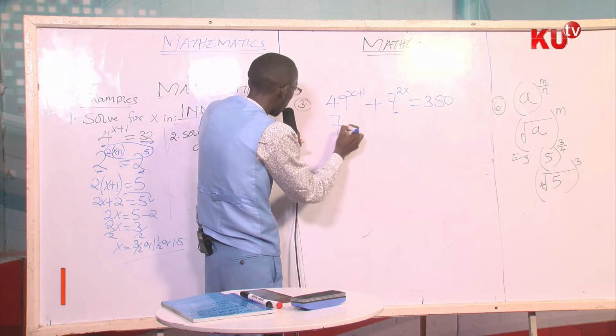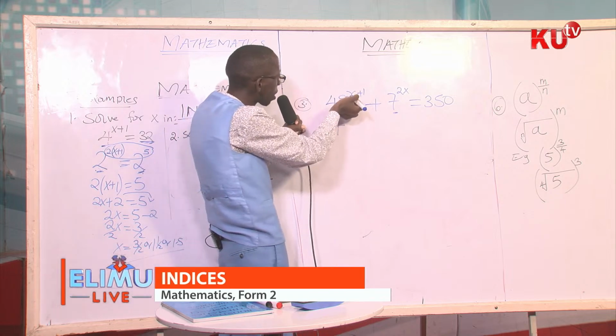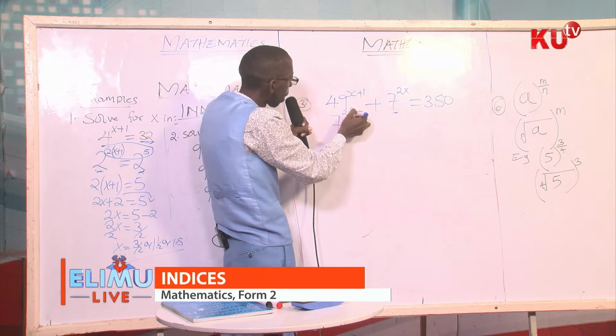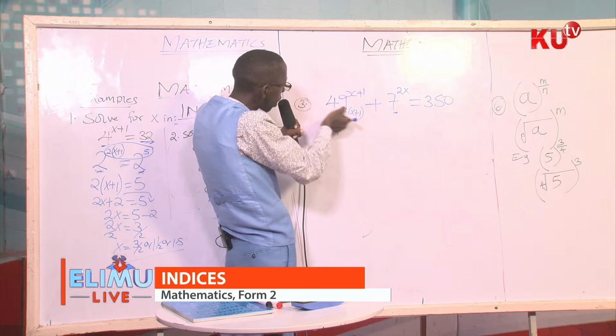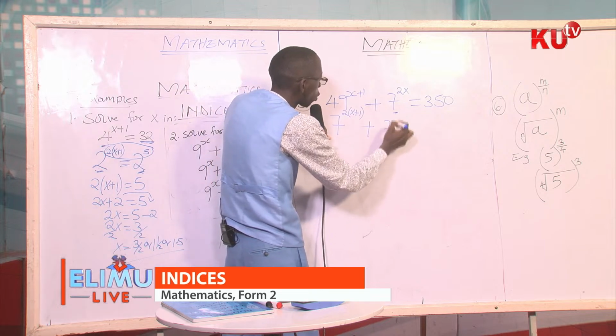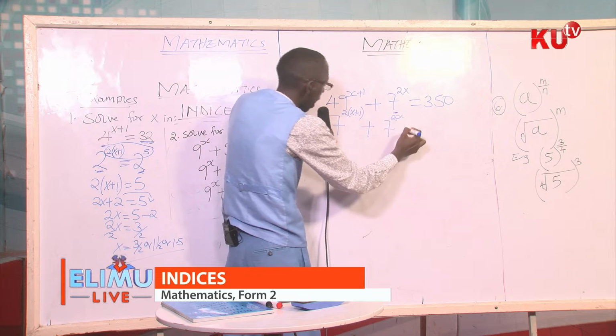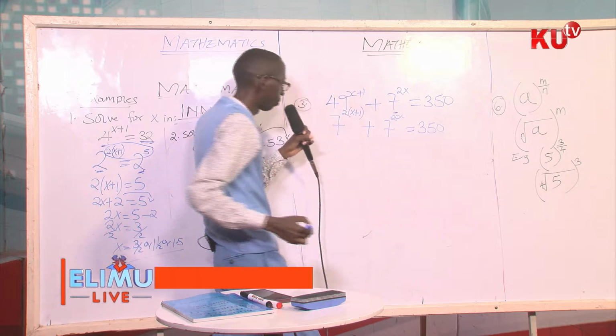49 is the same as 7 to power 2. Remember, there was another power, x plus 1. Don't forget that one. 7 to power 2 is 49. Plus 7 to power 2x is equal to 350.